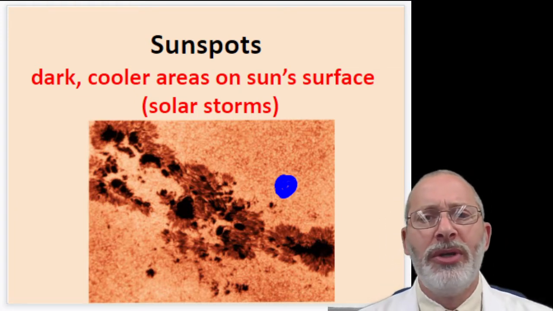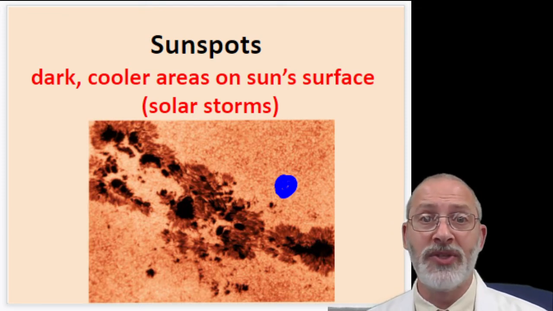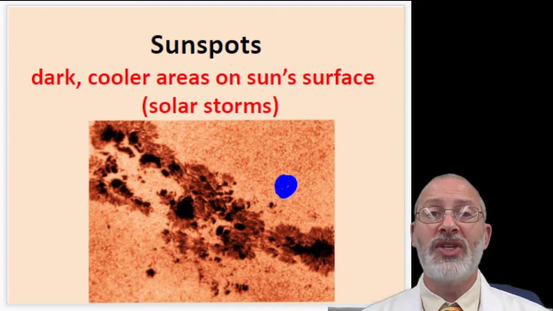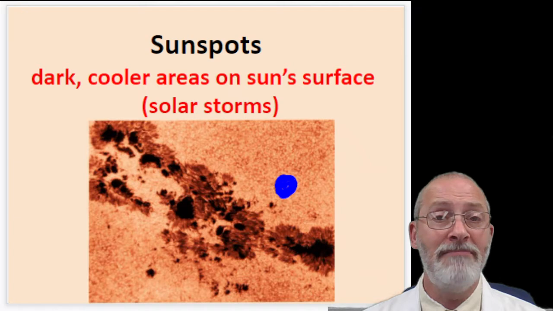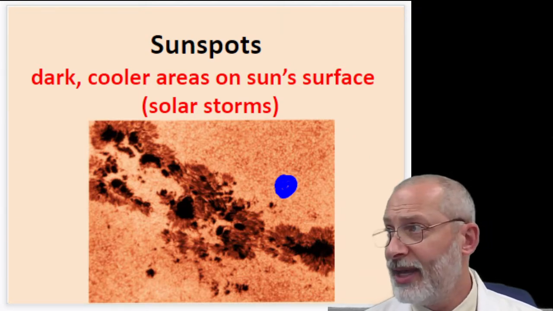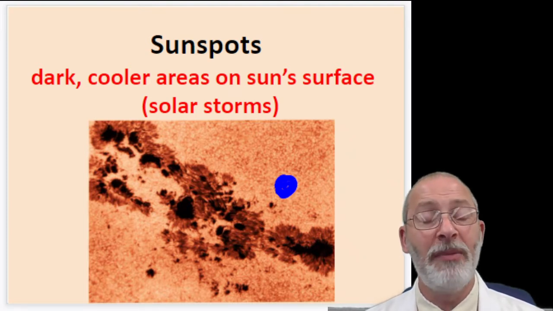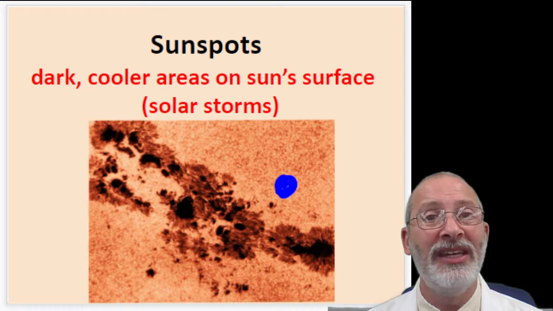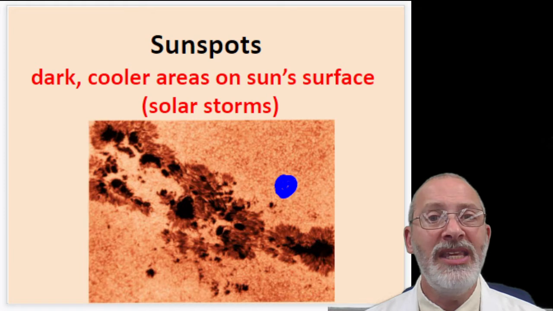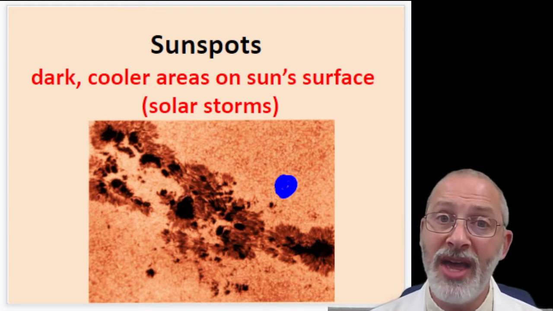Now, these sunspots that are indicative of solar storms, they tend to appear in cycles. You see, the sun has a magnetic field, kind of like the Earth does. And the sun's magnetic field flip-flops about every 11 years. So there are 11-year cycles that exist on the sun.